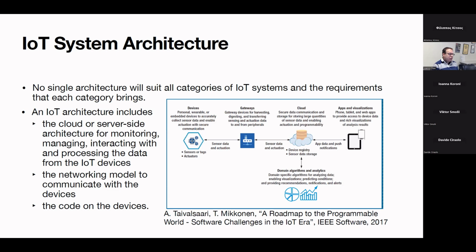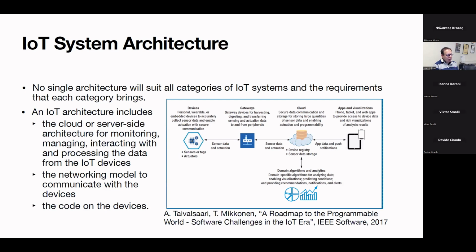It is true that there is no single architecture that will suit all categories of IoT systems that I presented in the previous slide. And we have very diverse requirements which depend on the category of IoT system that we're talking about. But there are some main principles.